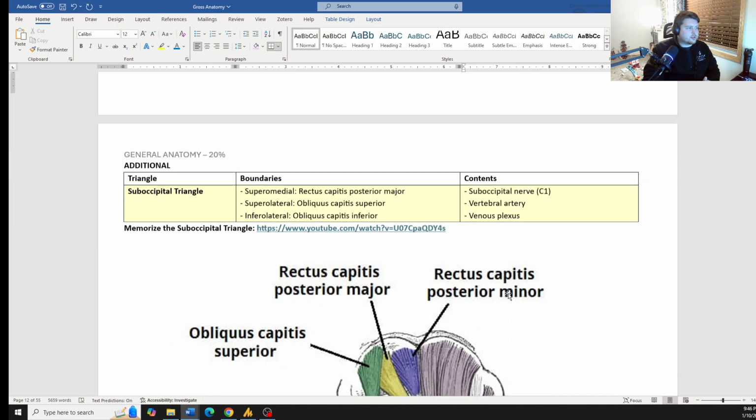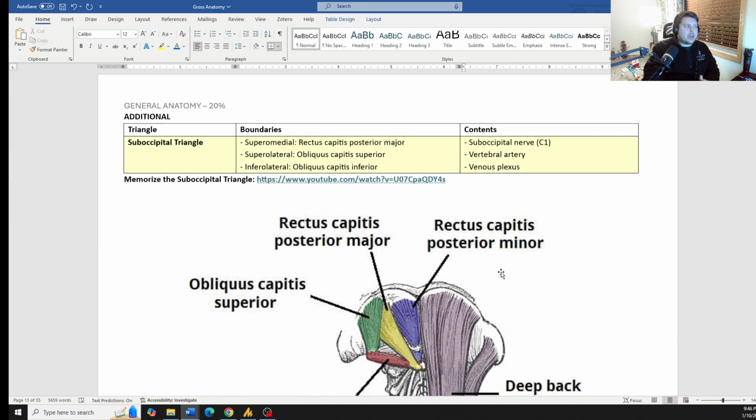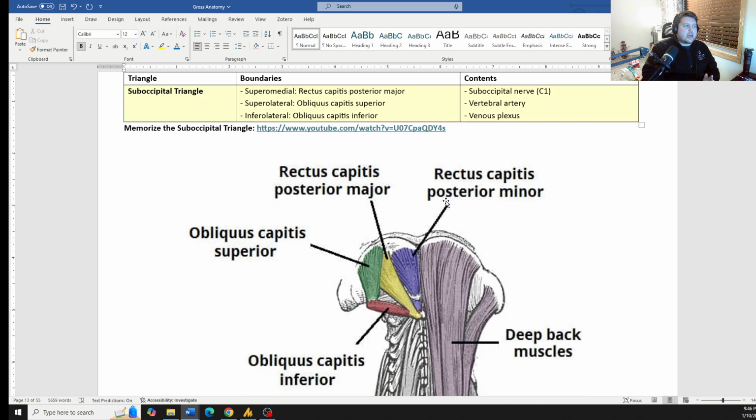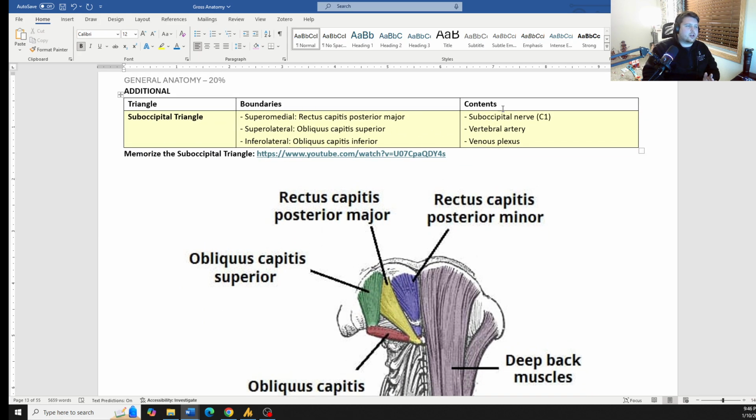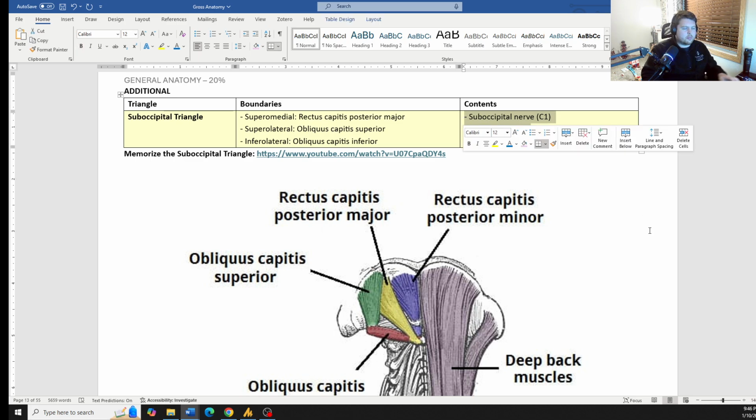There's those two triangles. Additionally, we have the suboccipital triangle. You need to know everything there is to know about the suboccipital triangle. We talk about it again in the spinal anatomy section and really dive into it over there. However, this is constantly asked about, in part because there's a lot of important structures in there.